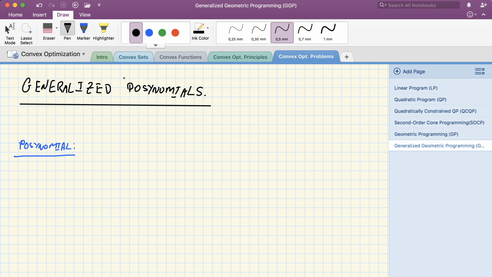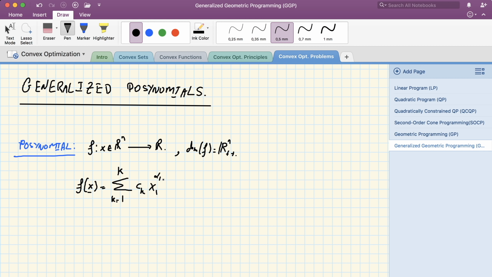That being said, as in the previous lecture, a polynomial takes in a vector in R^n and returns a scalar, where the domain of f is R^n_++, that is, all the entries of x have to be positive, and the function will look something like this. If it is of order k, c_k x_1 to the power alpha_1k, down to x_n to the power alpha_nk, where my alpha_ik's are in R, and my c_k is positive.